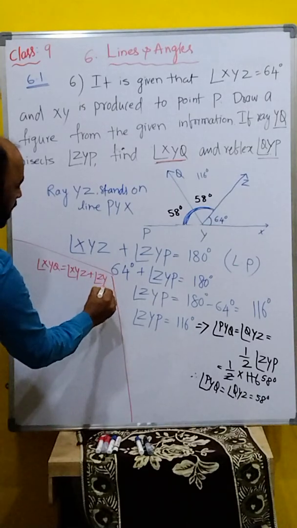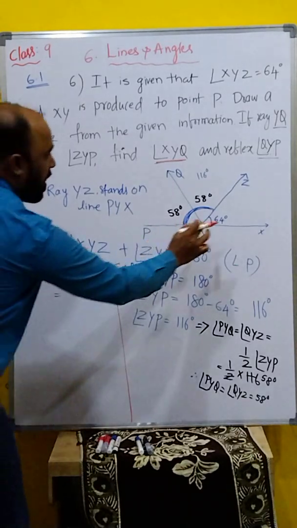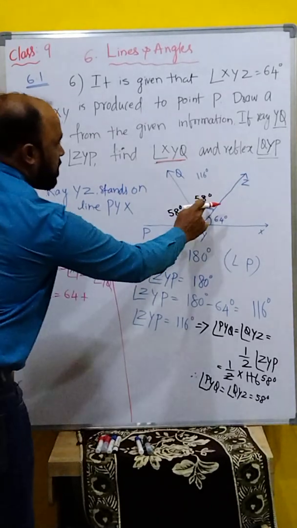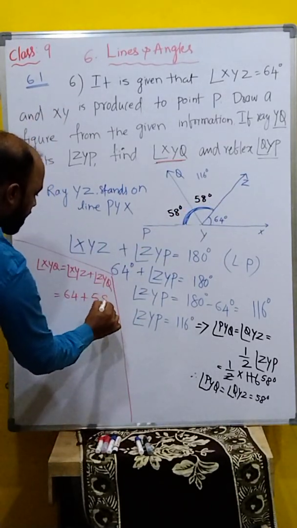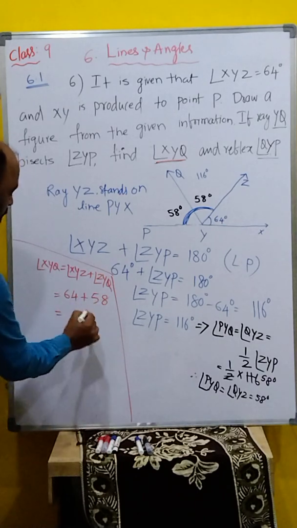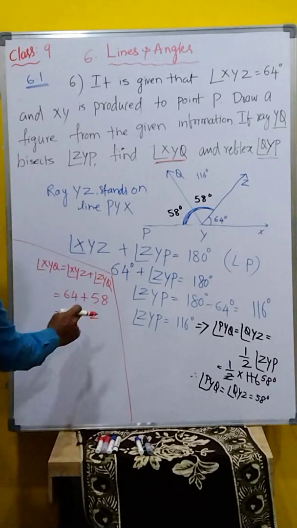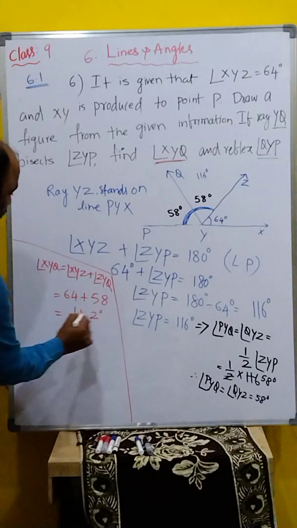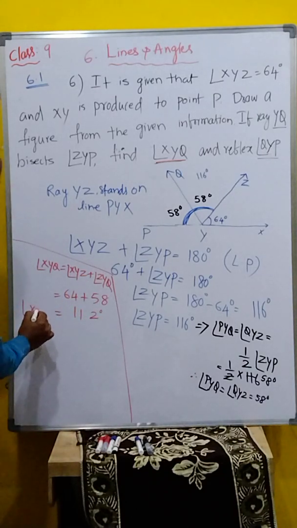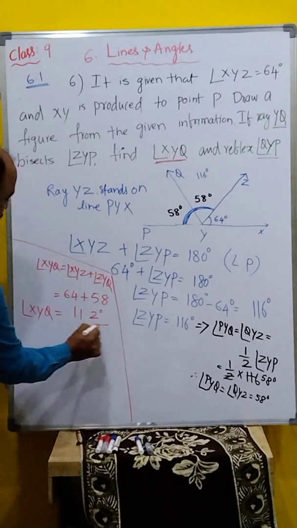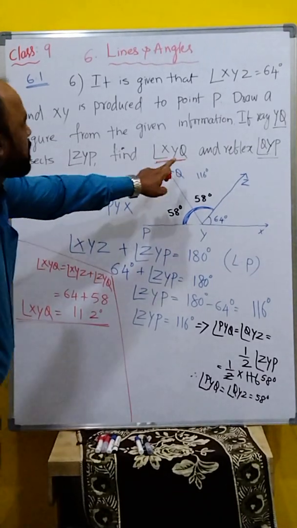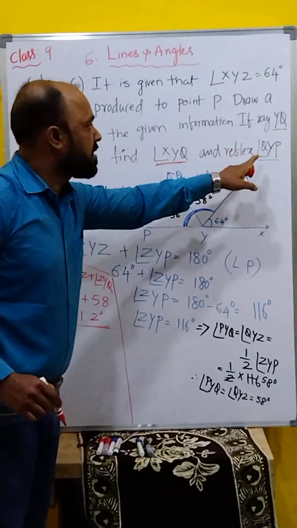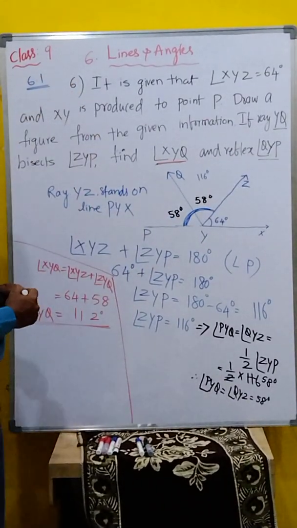The XYZ value we know is 64 and this value is 58. Add these two: 8 plus 4 is 12, and 1, 6, 6, 1, 1, 2. So angle XYQ is 112 degrees. First one completed.